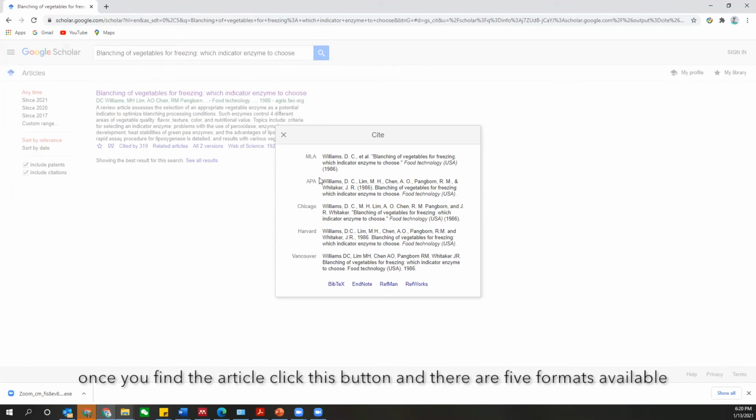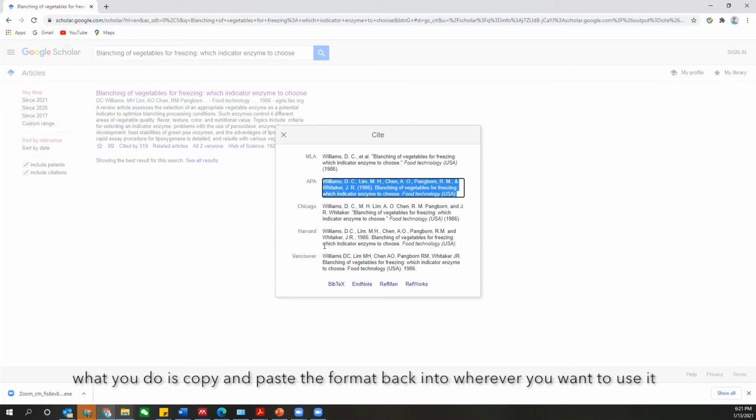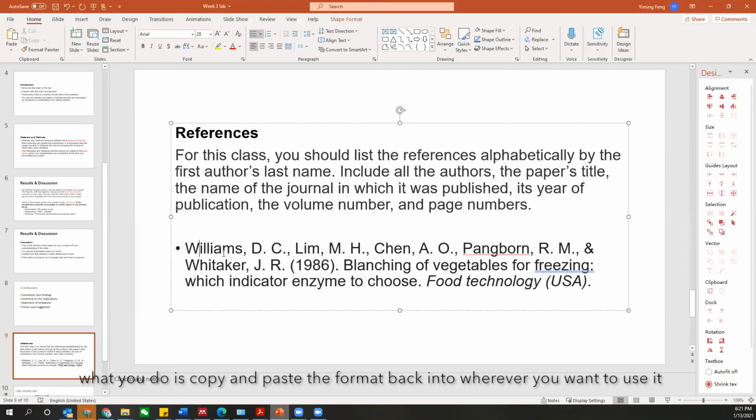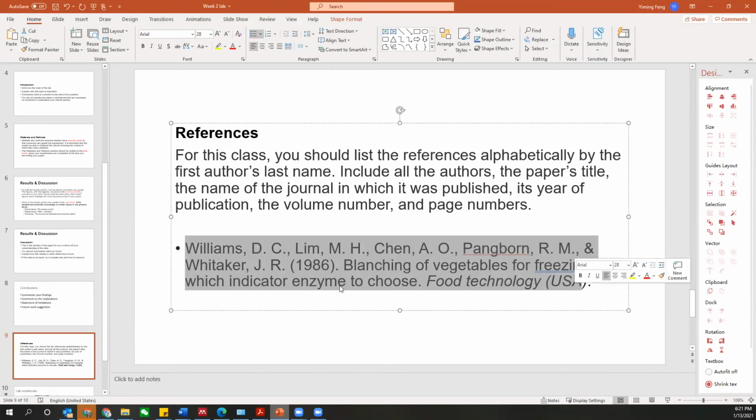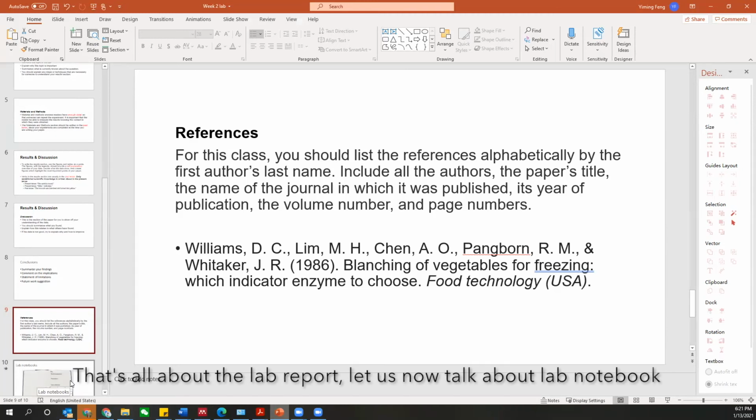There are 5 formats available, and what you do is just copy and paste the format back into wherever you want to use it. So that's all about the lab report.